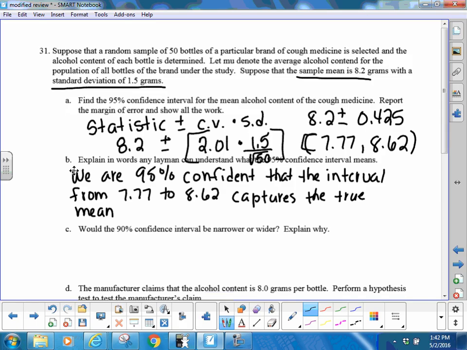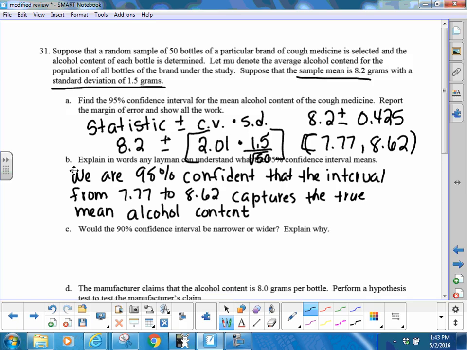But what if I not? What if I got to finish out with it? I've got to do context. So we're 95% confident that that interval captures the true mean alcohol content. Oh, and I forgot something else. I forgot to say it.